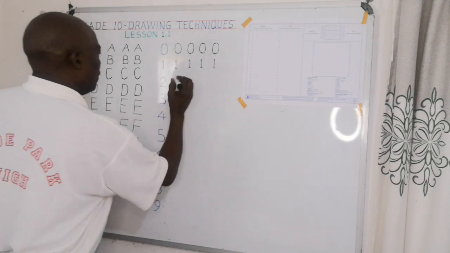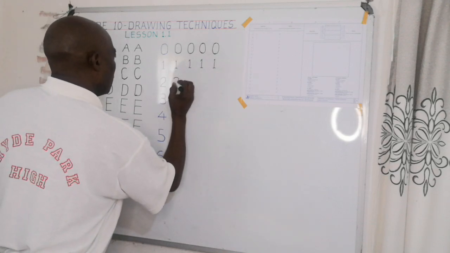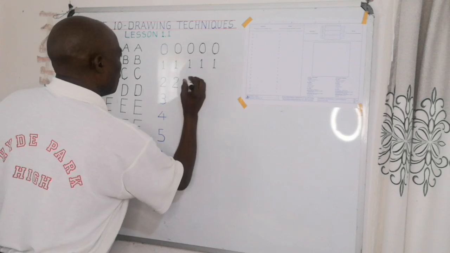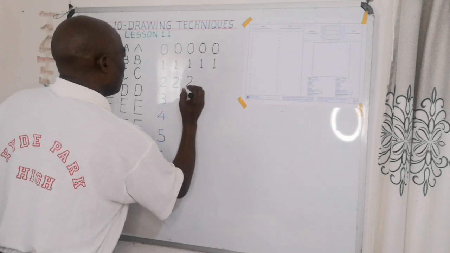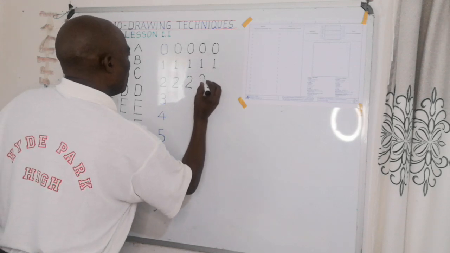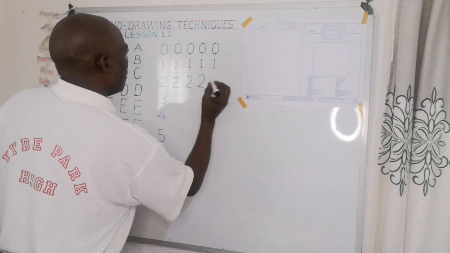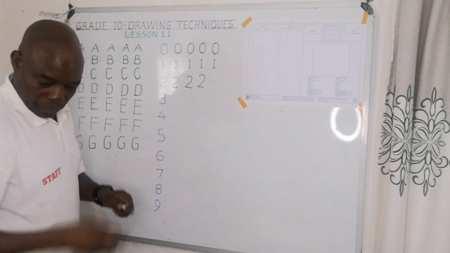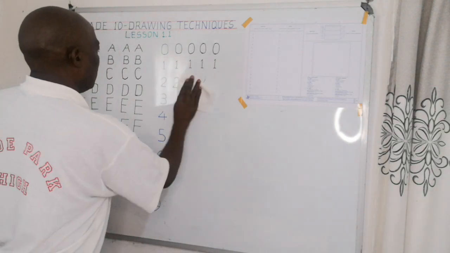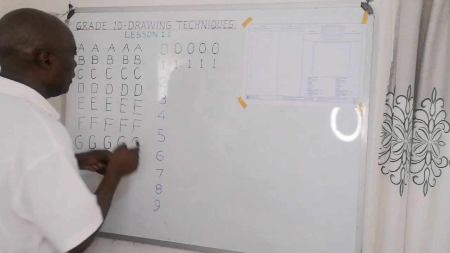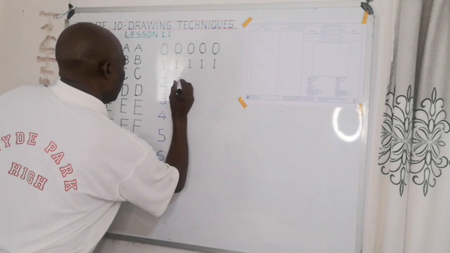Right, then 2, they are becoming bigger and bigger. Let me do them the same size.